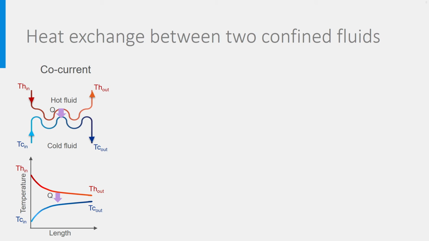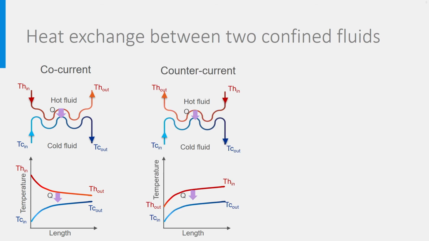There are other configurations possible, like this one, which is said to be in counterflow. The hot water comes now in at the other side of the heat exchanger, so TH in and TH out have been reversed, showing temperature profiles as below. Generally, counterflow heat exchangers are more efficient as the temperature difference between both flows is more constant.